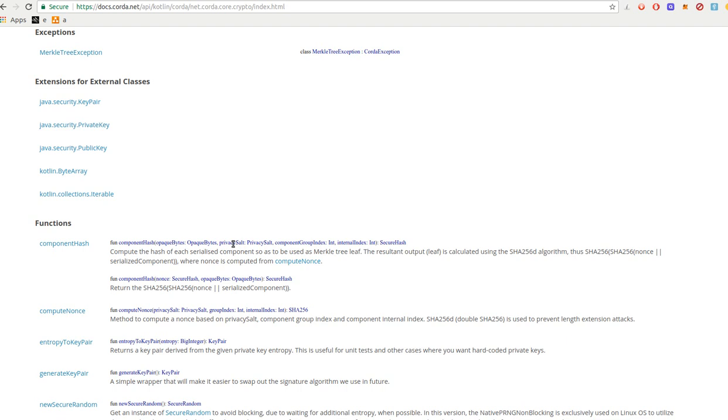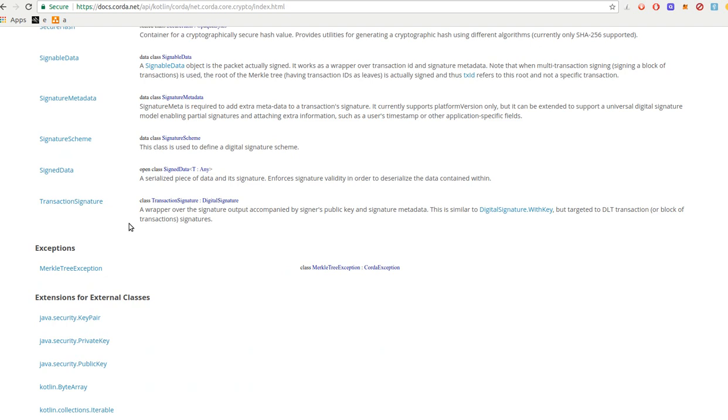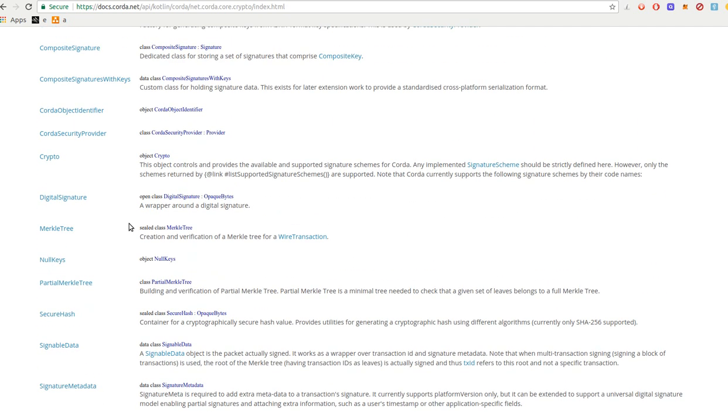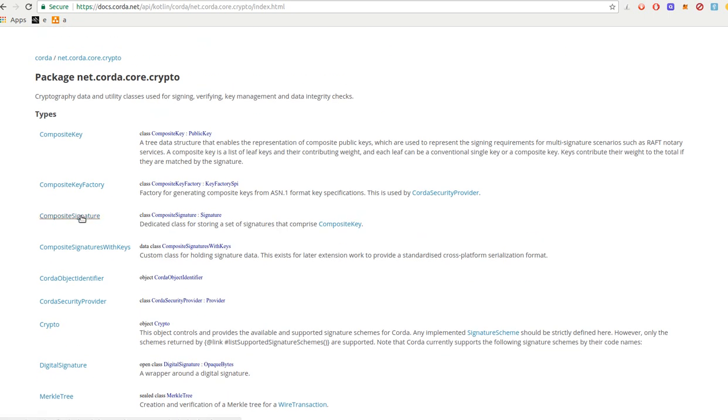Ethereum actually uses Keccak-256, I think, which is not exactly SHA-256, but they call it SHA-256. Okay, we've got signature here.